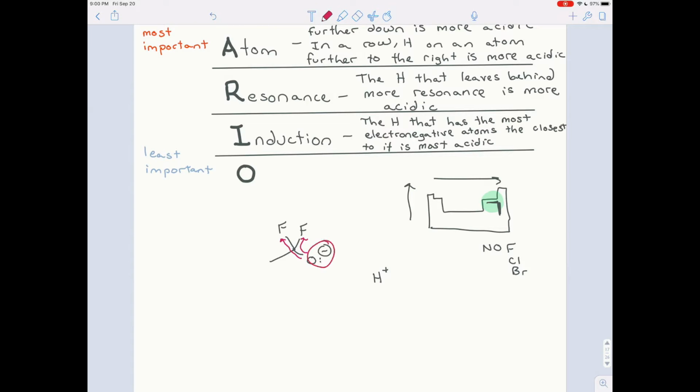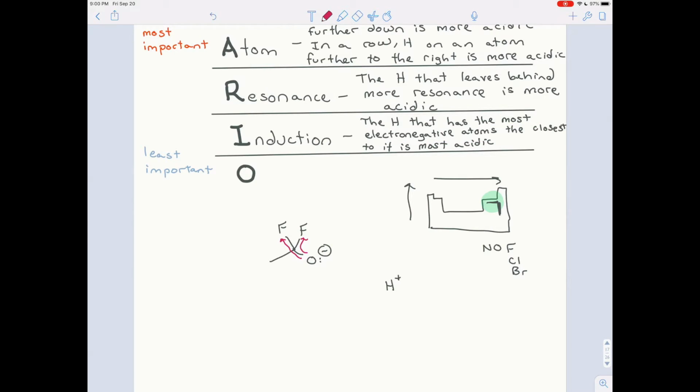And that would help to make this charge smaller and the molecule more stable. The more stable the molecule is, the more easily the hydrogen will get away. In other words, the more acidic it will be. So the more electronegative atoms you have, the more acidic it is.